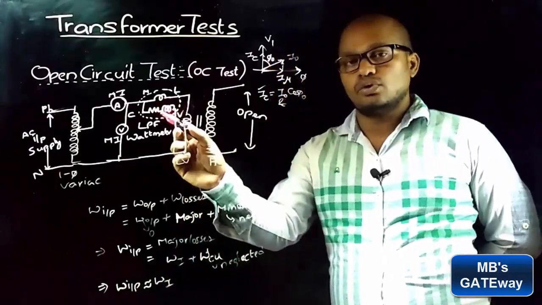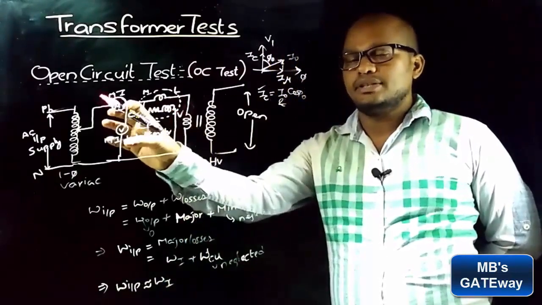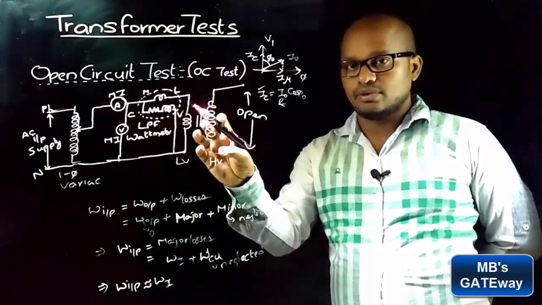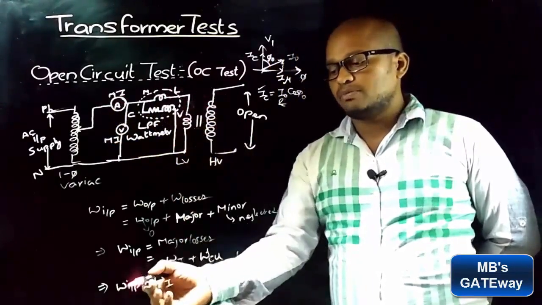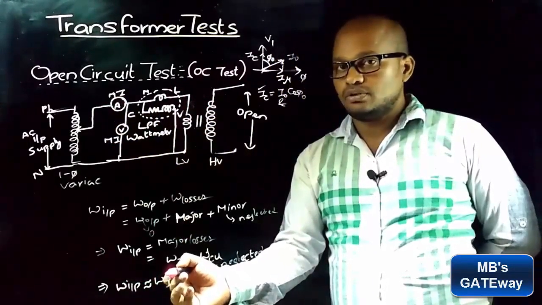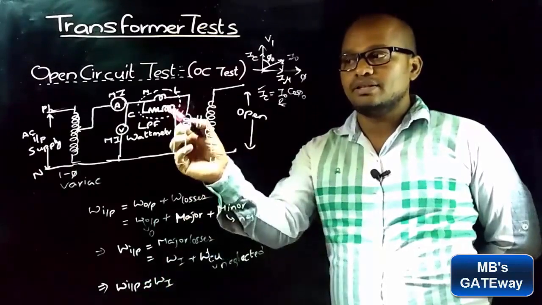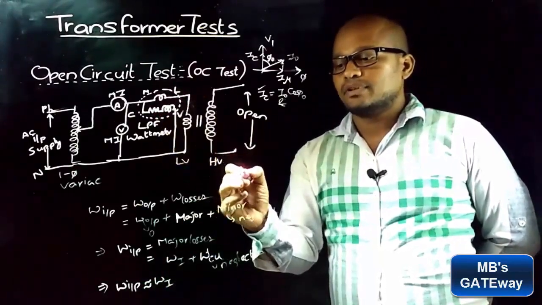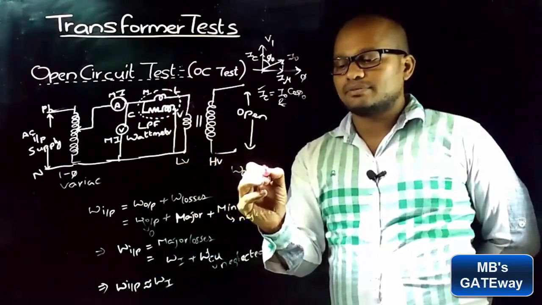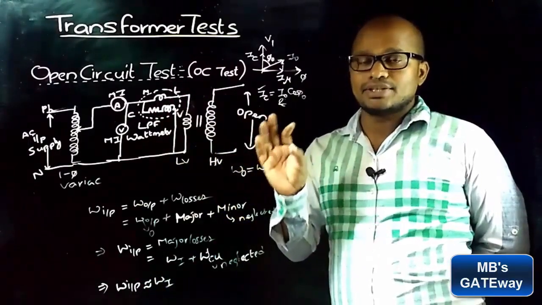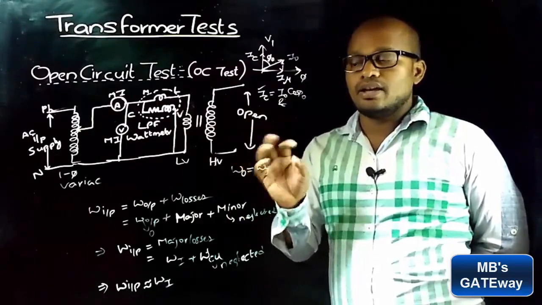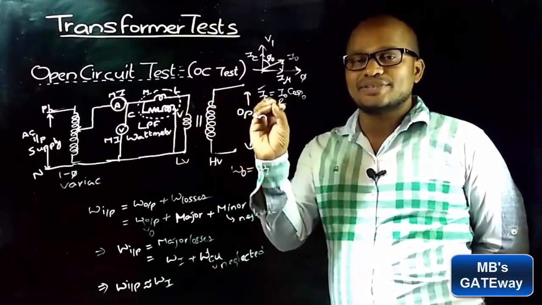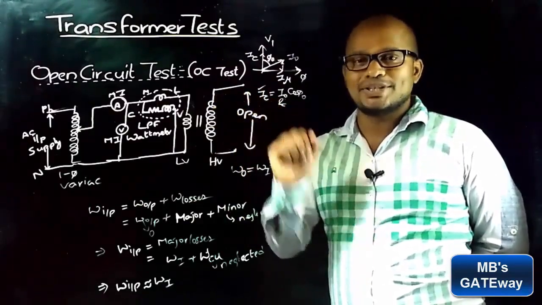As here in no load test, wattmeter reads the input power taken by the transformer, and from this relation input power can be taken as equal to iron losses, which implies that this wattmeter reading itself indicates the iron losses of the transformer. This is how the shunt branch parameters R naught and X naught are found, and this is how the iron loss of the transformer is found from the open circuit test.